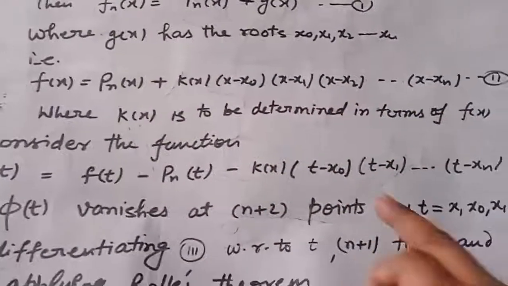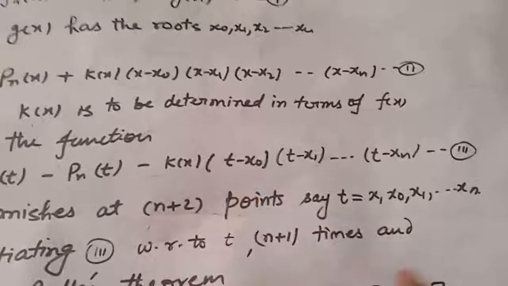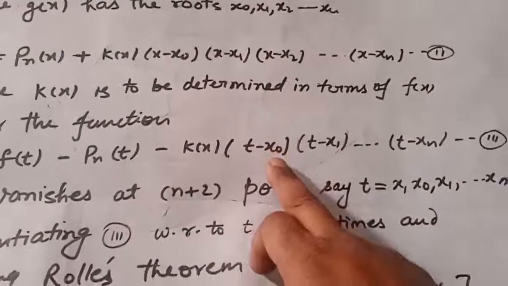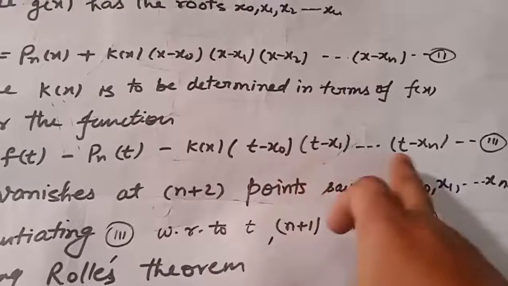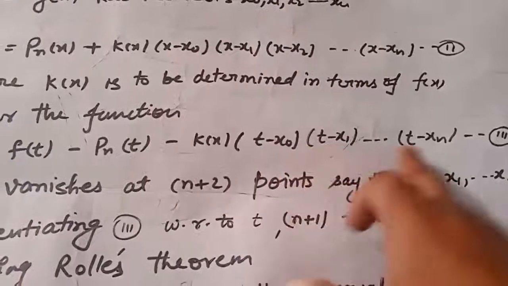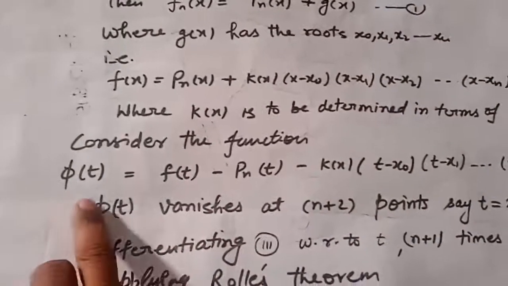These are the constant values, the zeros of the polynomial, so we will not change x0, x1, x2 and xn. We keep these, and so find the error term.